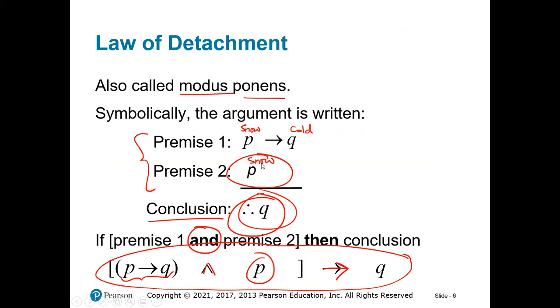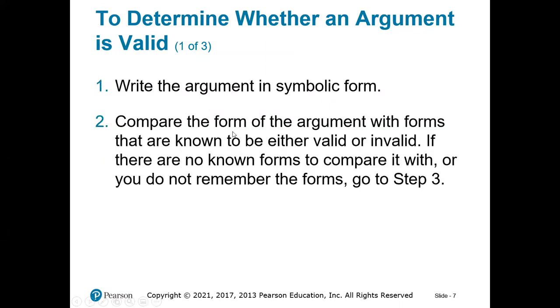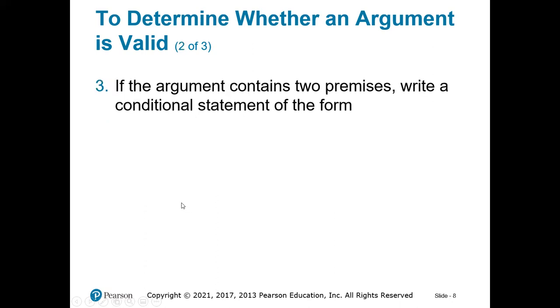If not, if they give you things in words, the very first step is to write the argument in symbolic form. Compare the form of the argument with forms that are known to be either valid or invalid, or use the laws. If there are no known forms to compare, or you don't remember, then go to step 3. What is step 3?